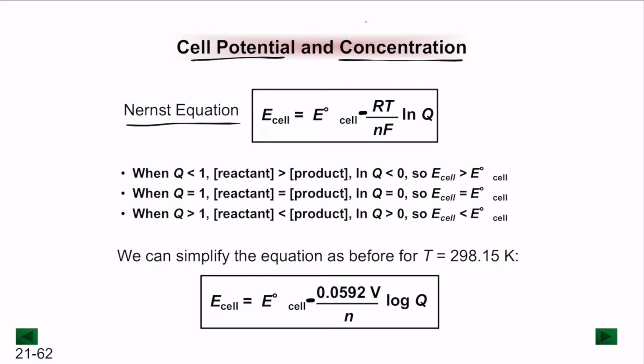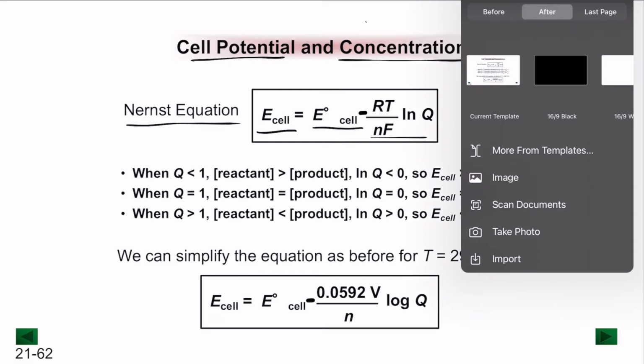When you have the standard cell potential and a concentration cell potential, we are taking the concentration cell potential as the difference between the standard cell potential and the non-standard conditions.